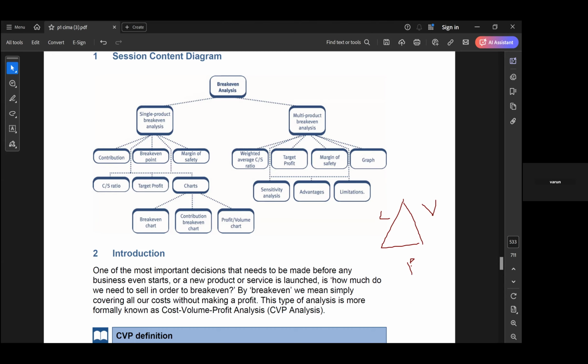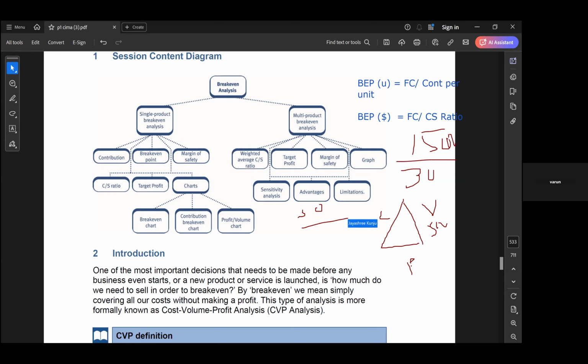In our case, let's find out. Break-even point in units, the first formula: 15,000 divided by 30 and we get 500. Now, if I do the CS ratio, contribution to sales, contribution is 30 and the sales is 50.